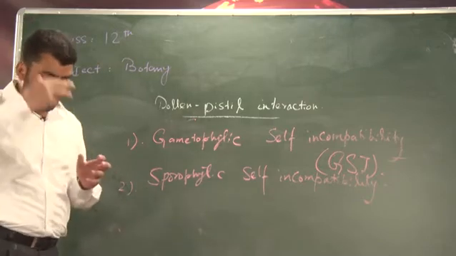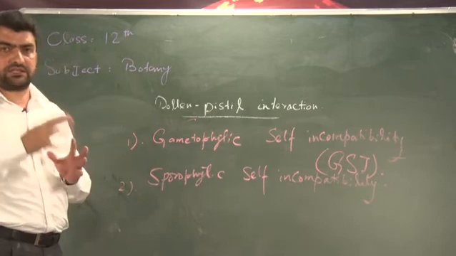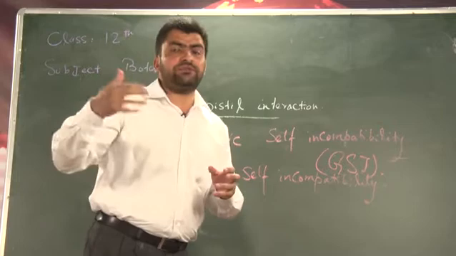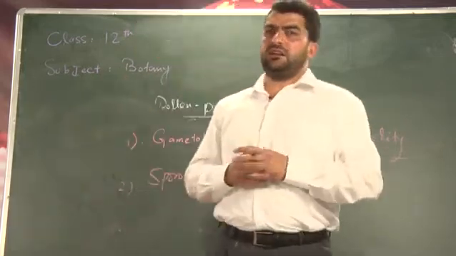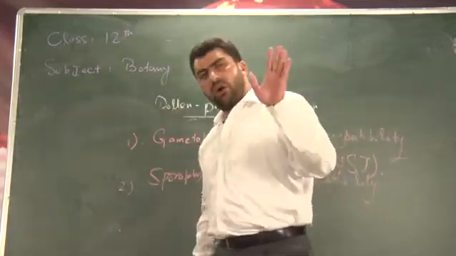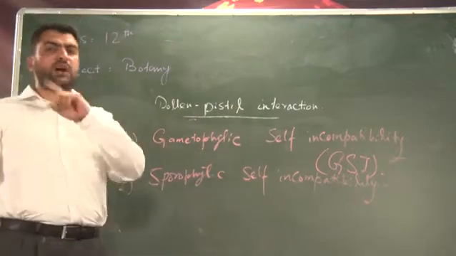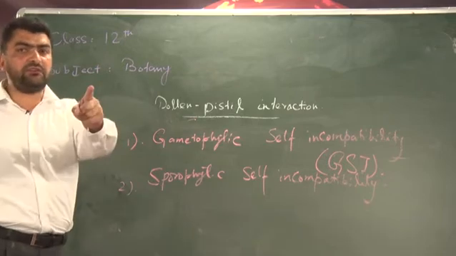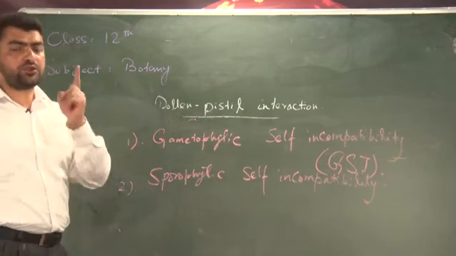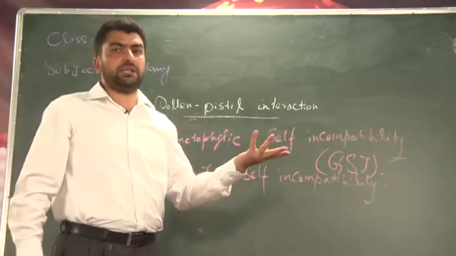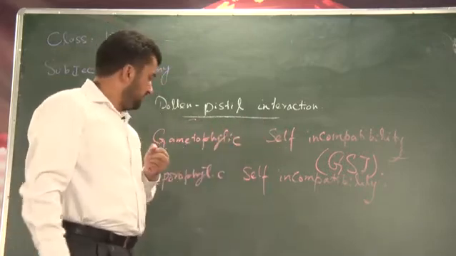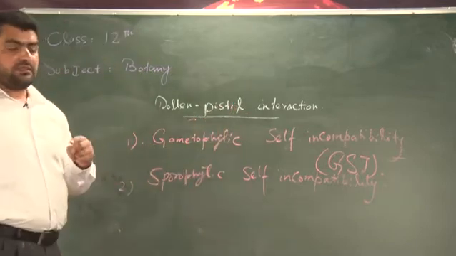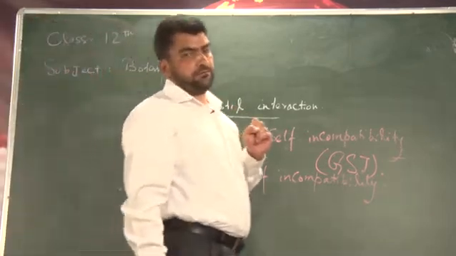There is another mechanism, unisexuality, which favors outbreeding, and the different morphotypes involved largely in heterostyly. But among all, the most widespread and the most effective barrier that favors outbreeding, that adds to the variation which is inevitable in outbreeding, is self incompatibility.